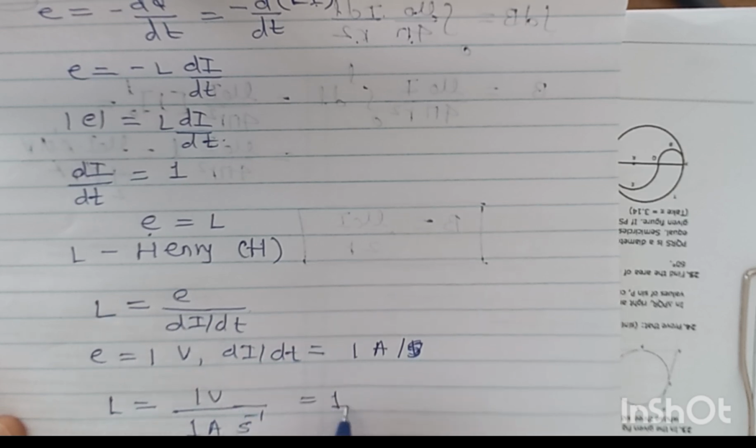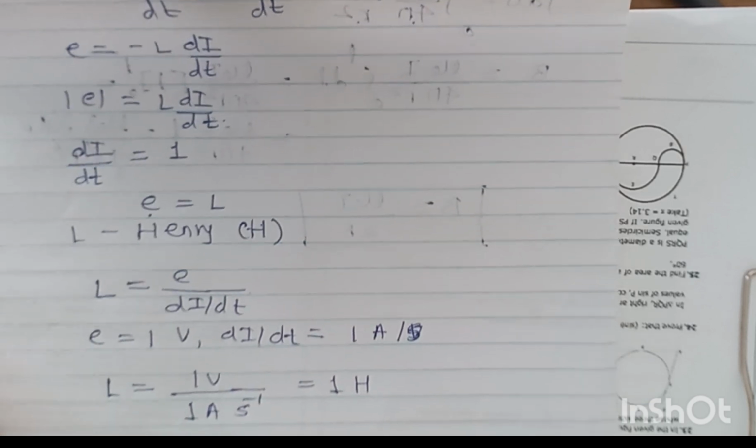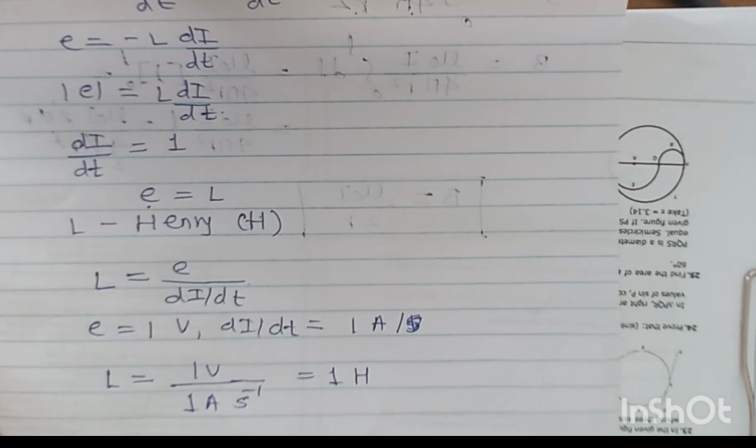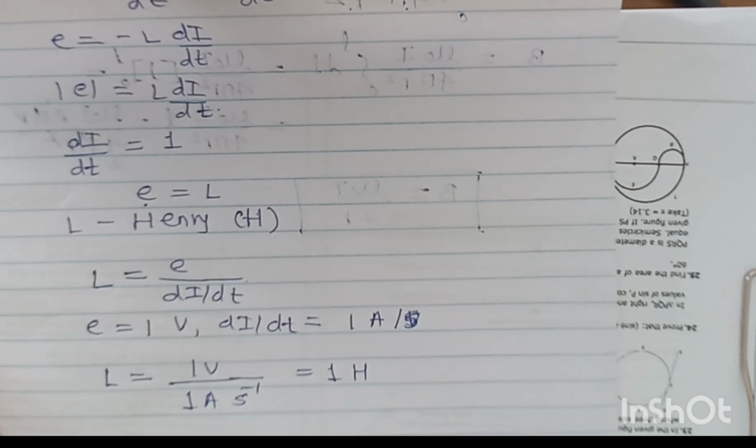So it is 1 Henry. Thus we can conclude that the self inductance of a coil is said to be 1 Henry if a rate of change of current of 1 ampere per second induces an EMF of 1 volt in it.